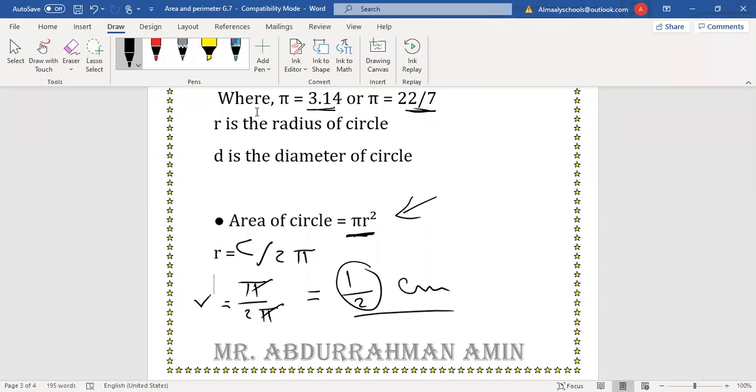In question number 4, he said calculate the diameter. So raise your hand. Who can put a rule to calculate the diameter if he gives me the circumference of the circle? If we have C, how to calculate D? That's right.